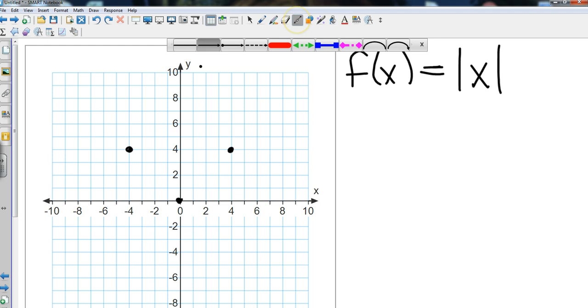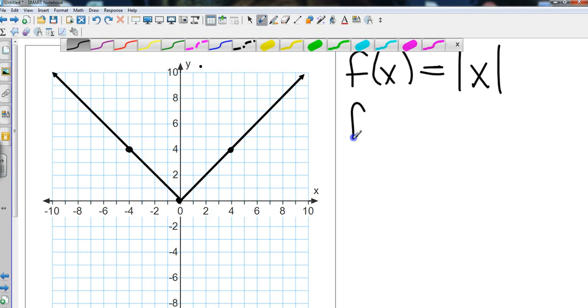Sketch that real quick. You'll probably have to hit pause here and get that sketched.